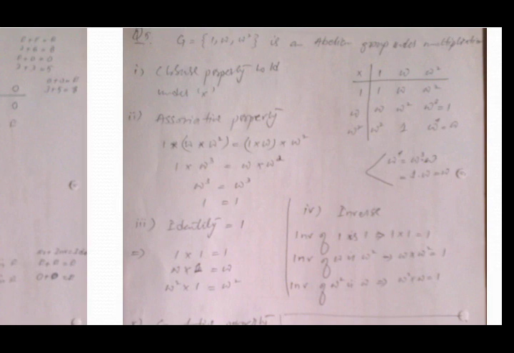The inverse of omega is omega square, because omega multiplied by omega square is equal to 1, and omega square multiplied by omega is also equal to 1. Then the commutative property also holds, therefore this is an abelian group with respect to multiplication.